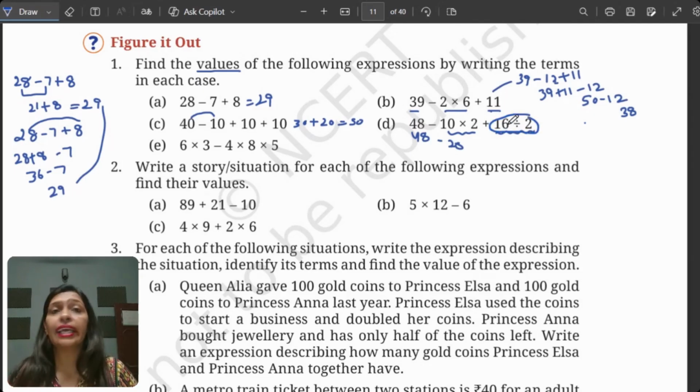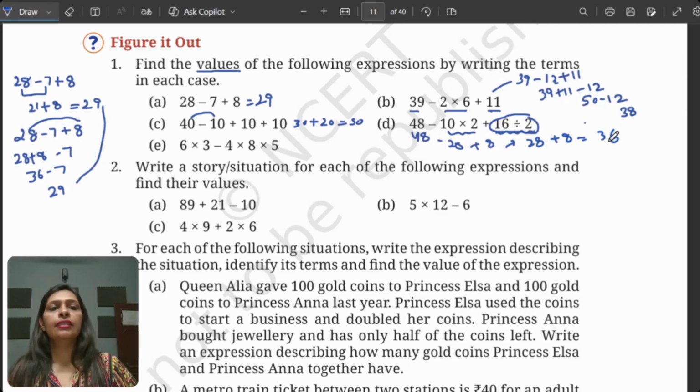Because it's a division sign. It's not a minus or the plus sign. So first and foremost, I have to solve this. 16 divided by 2 is 8. So now 48 minus 20 gives me 28, and then plus 8, which is 36.